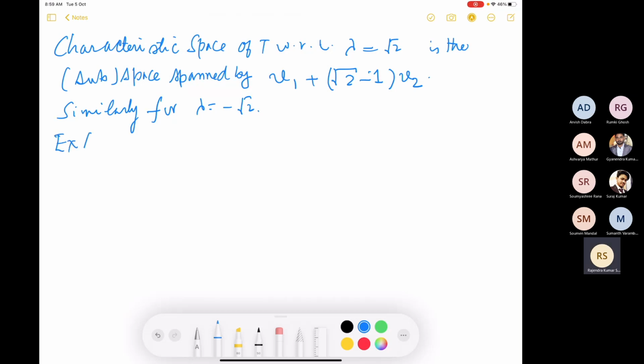So one more example, let us say the 6th.